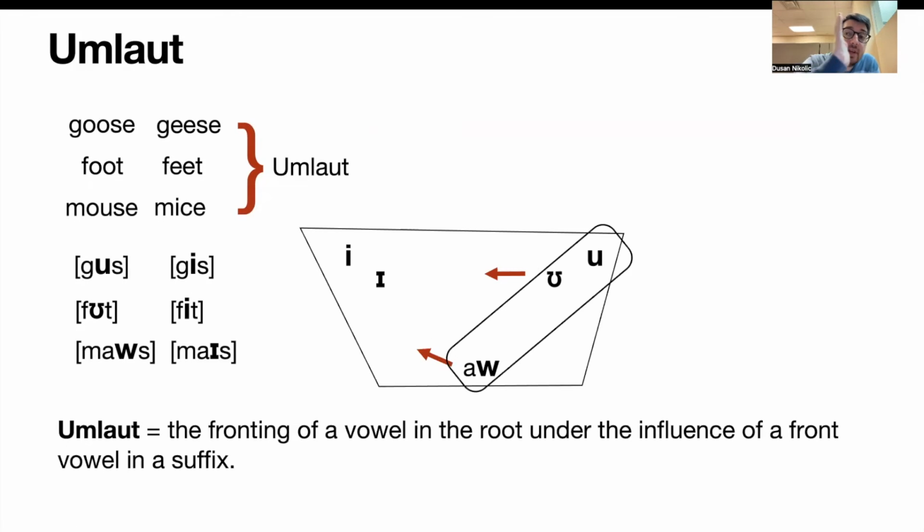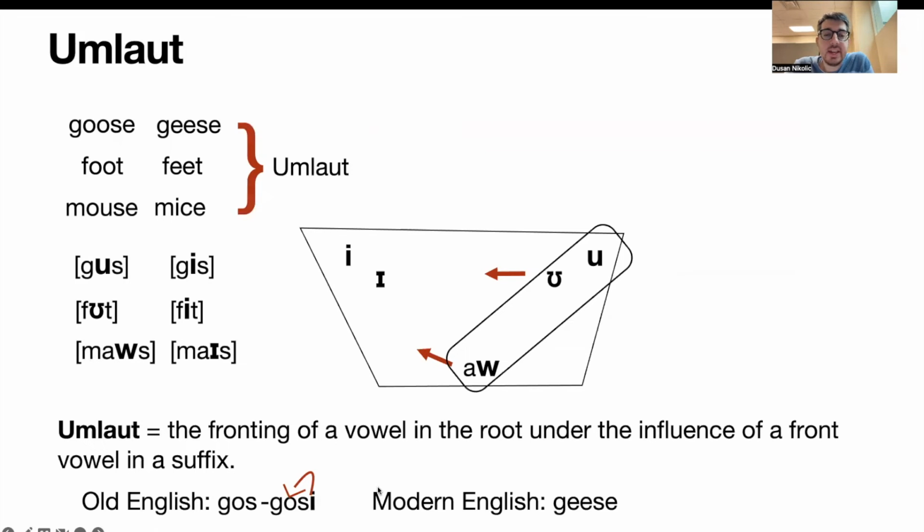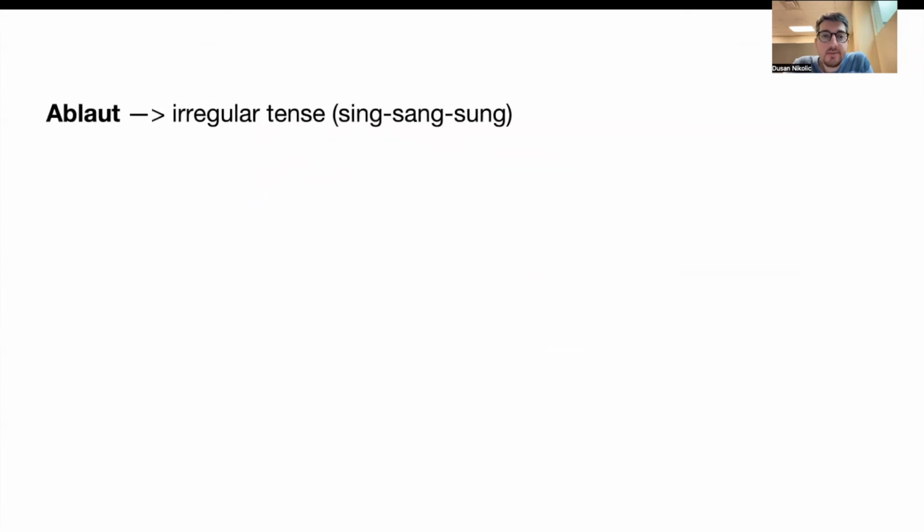They are being fronted. So when there is a fronting of the vowel, then there is an umlaut. In Old English, goose used to be gos, and they added the plural, and this was read as gosi. This i actually influenced the o to become an e. And now in contemporary English, we have geese in the end. So it's just a matter of historical change.